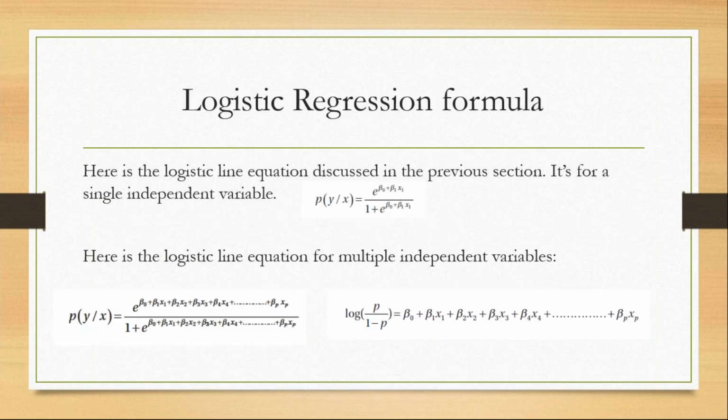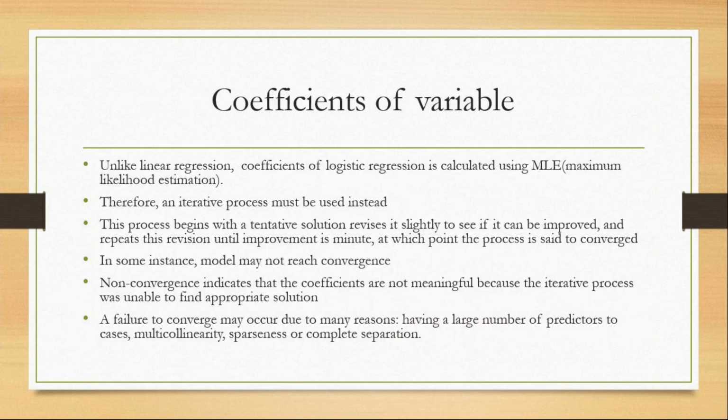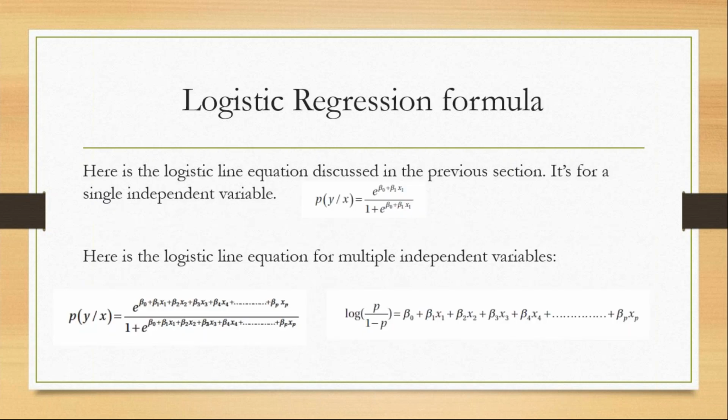So last day, as you remember, for estimating the values of the coefficient beta that we have here, we used minimum least square error. After summing up the square of the error values, at the value of beta for which we get the least error, we choose that as the beta value.